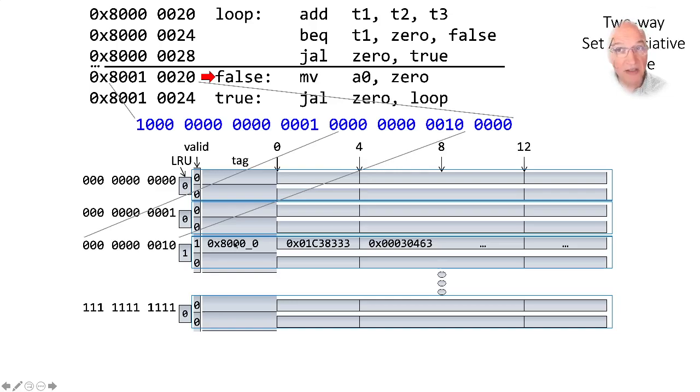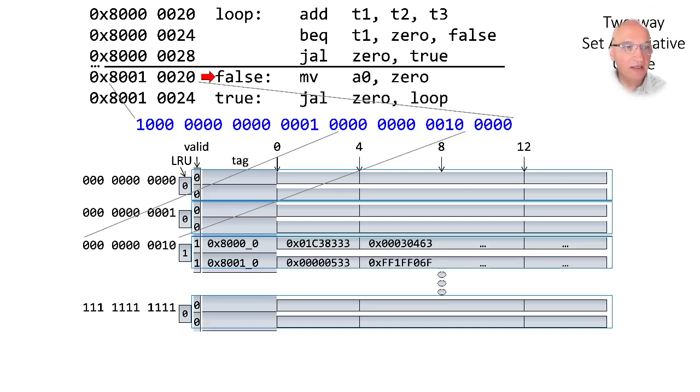It does not match. The way 1 has an invalid bit, therefore it does not match with the way 1 either, so that's a cache miss. I go to the lower level of the memory hierarchy, and I bring the 4 words that form this block, and I write the tag into that position.